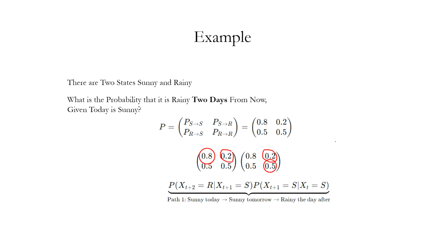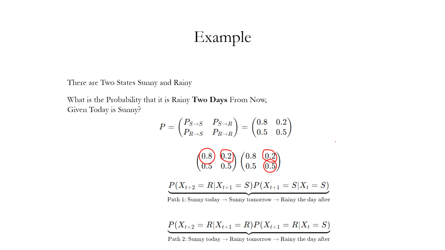So here's path one, sunny today to sunny tomorrow to rainy the day after, right? So we've got the probability of X(t+1) is equal to sunny, given Xt is equal to sunny. And then we've got the probability of X(t+2) is equal to rainy, given that X(t+1) is equal to sunny.